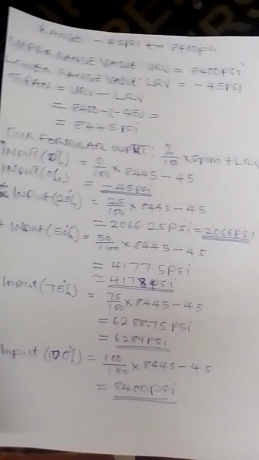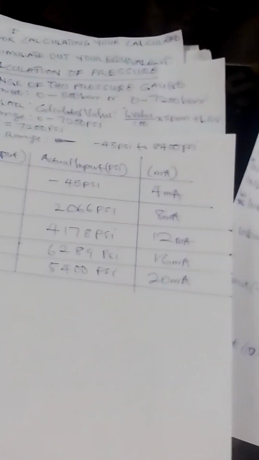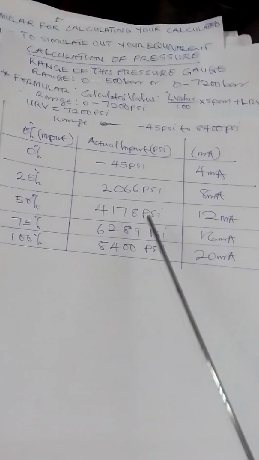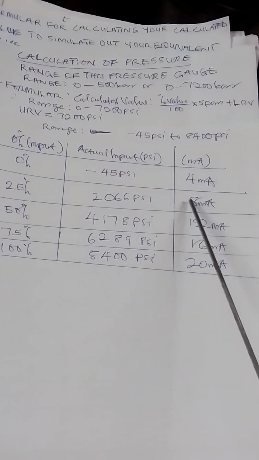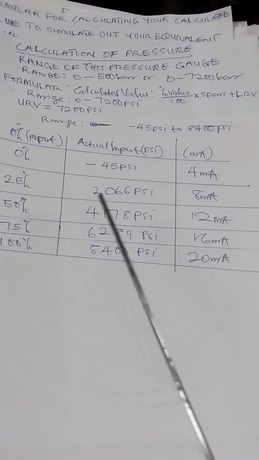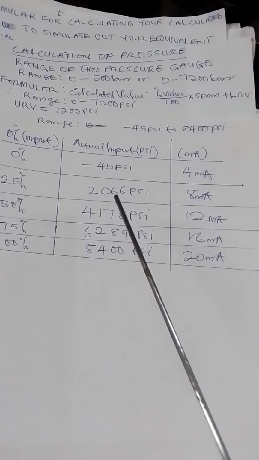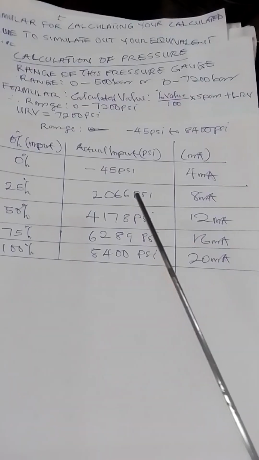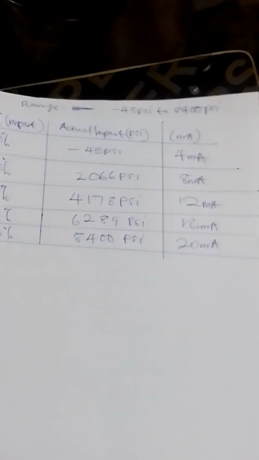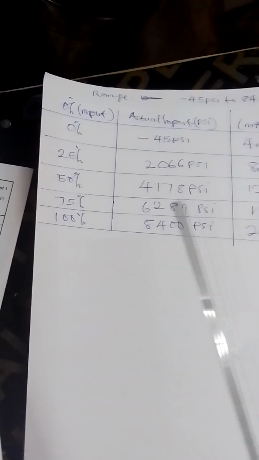You know how to do this calculation. Just follow it, and this is my tabulated value. After the calculation, you tabulate it: at 0, 4 milliamps; at 25%, 2066.